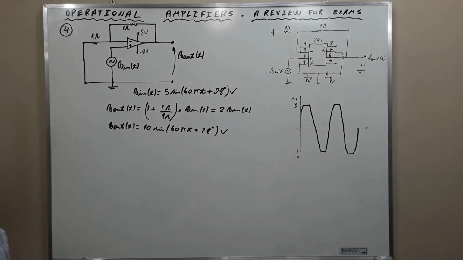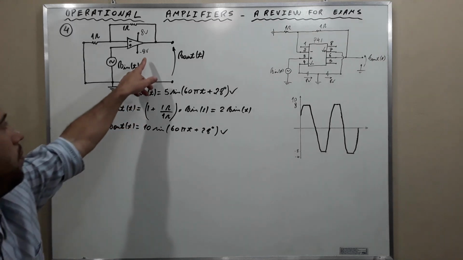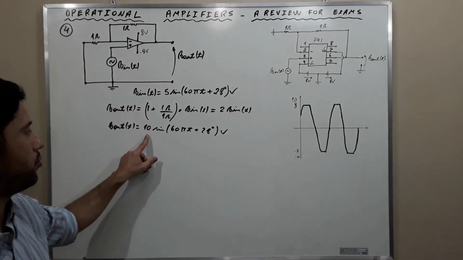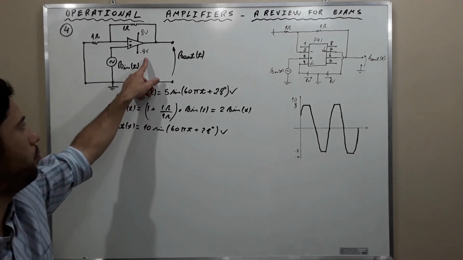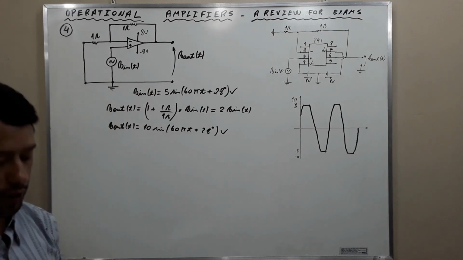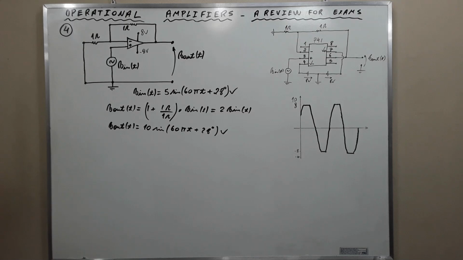It is not a perfect sinusoid because we are limited by the DC power supplies. We are not going to reach 10. We are going to be limited by the 8 volt power supplies. Okay? Observe that the maximum output voltage supplied by the sources is 8 volts in magnitude.